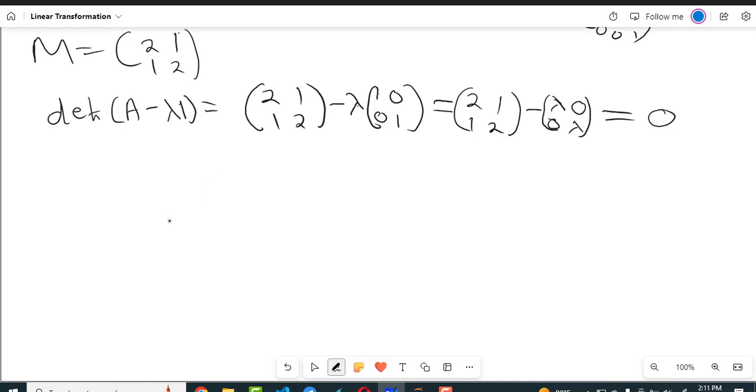So to find the characteristic polynomial of the matrix A, we subtract as we do matrix operations of vectors. 2 minus lambda, we get 2 minus lambda here. 1 minus 0, we get 1. 1 minus 0, we get 1. 2 minus lambda, we get 2 minus lambda here, which gives us equals to 0.